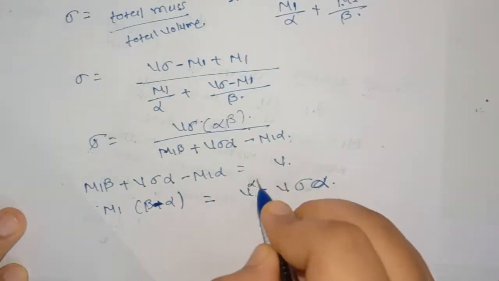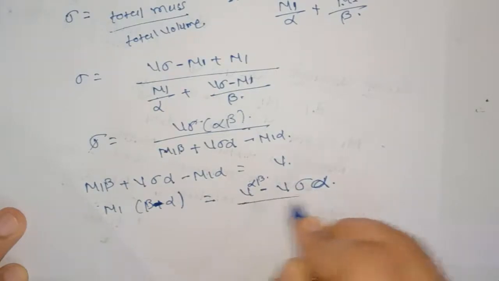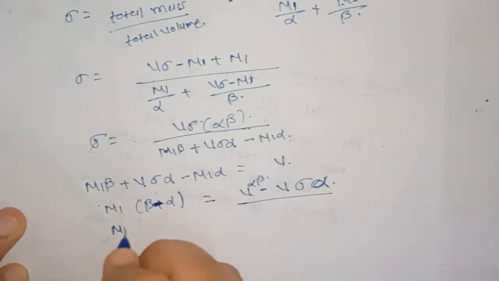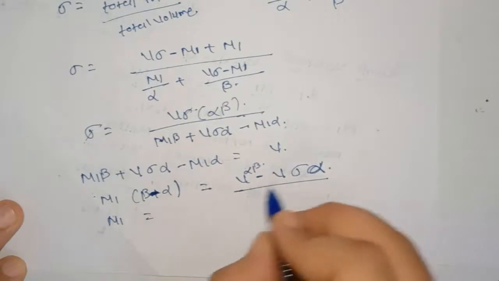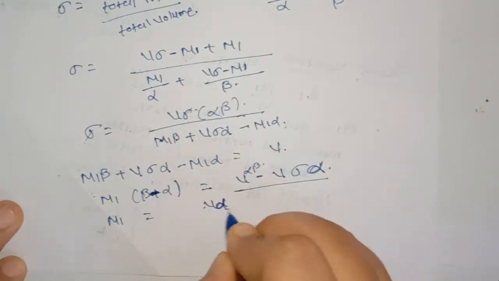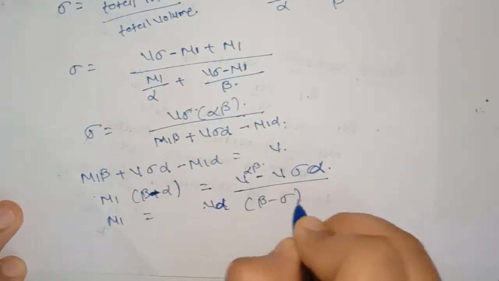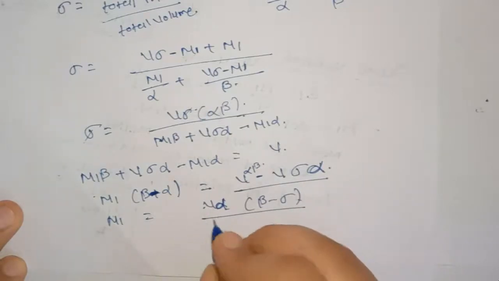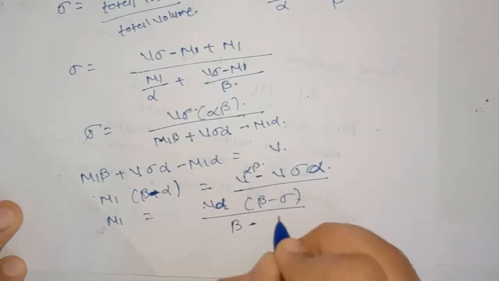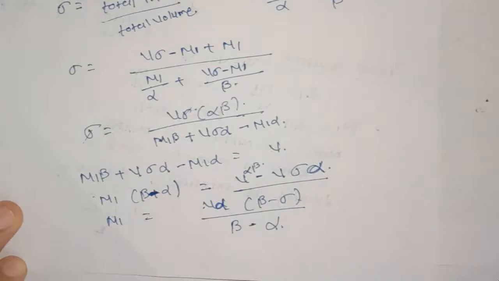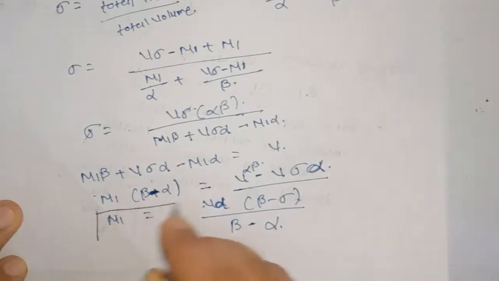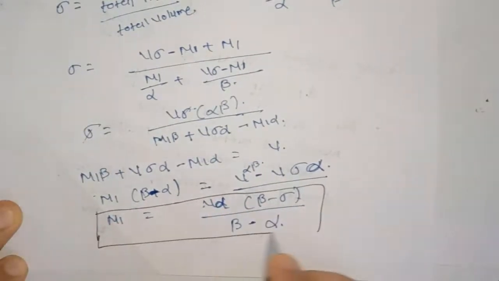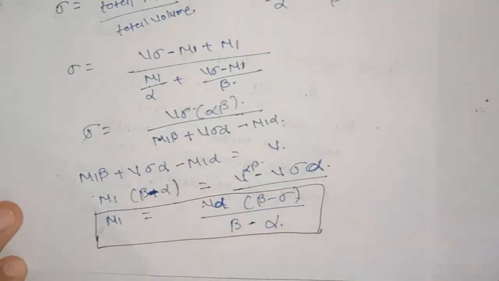So this will be V alpha beta. So M1 will be equal to, take the V alpha common, into beta minus sigma divided by this beta minus alpha. So this will be our final answer. This will be the mass of first liquid having density alpha.